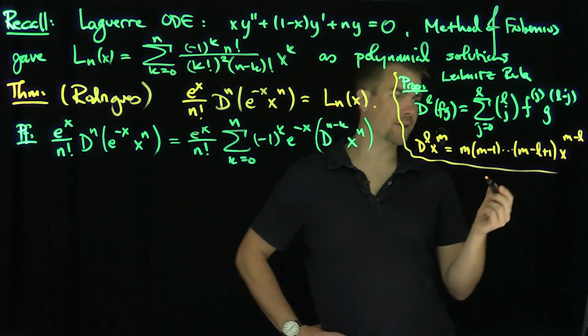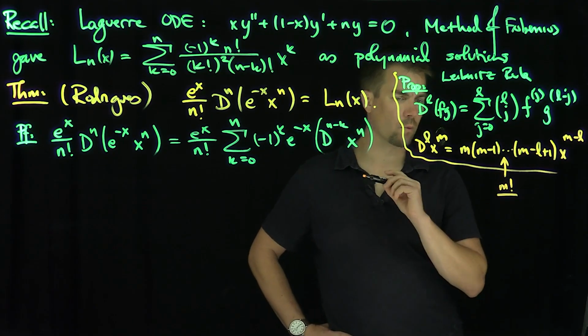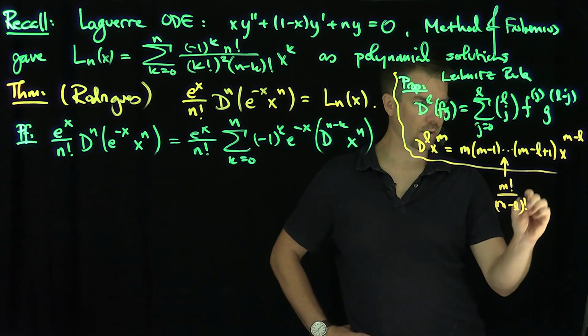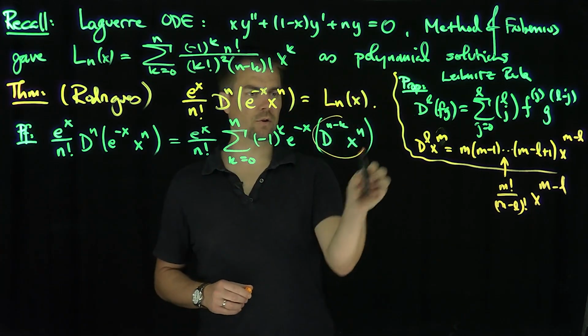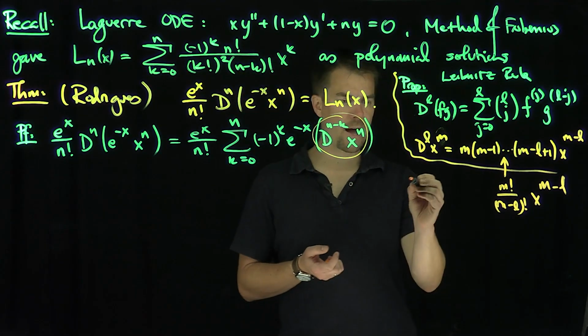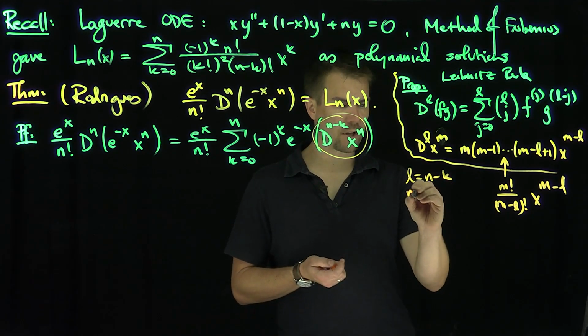And how does that simplify? That's really m factorial over (m minus l) factorial, x to the m minus l. So now we apply that to our situation. What's playing the role of l? l is being played by n minus k, and m is being played by n.